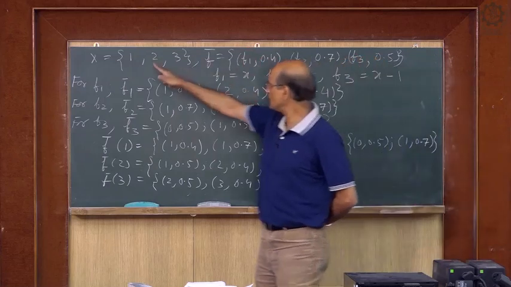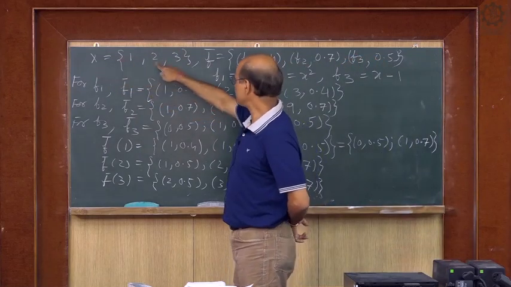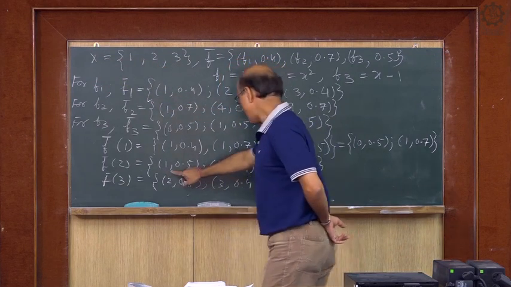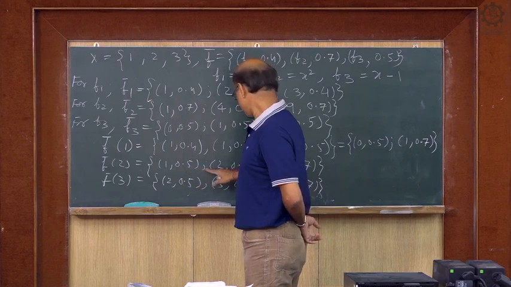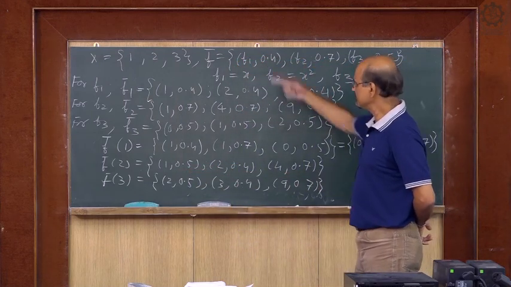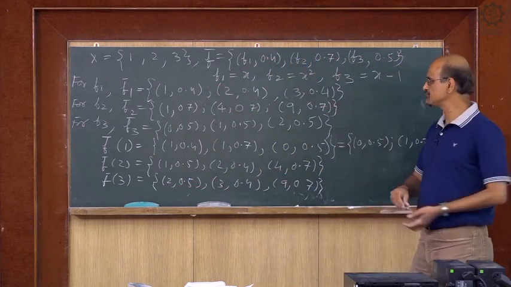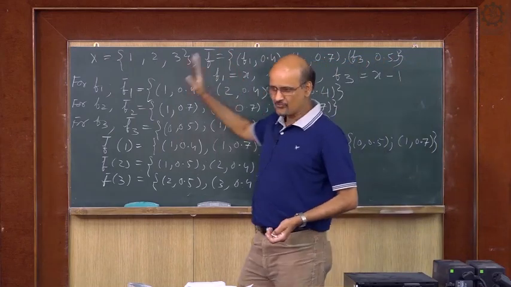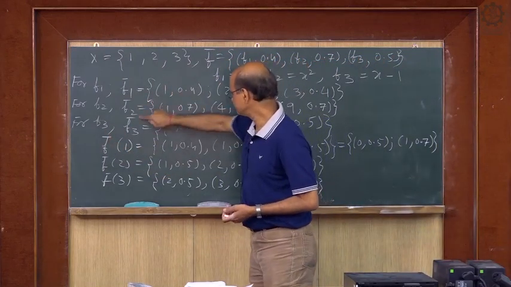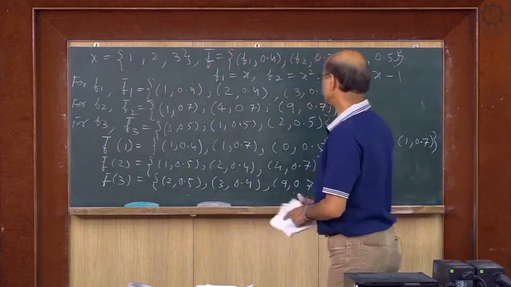Similarly, for 2 in the X domain, for 2 you are getting 1 with possibility 0.5, 2 with possibility 0.4, 4 with possibility 0.7, similarly 3. Okay, for this problem, if you change all these X, the homework is you will draw what are F1, F2, F3. Fine.